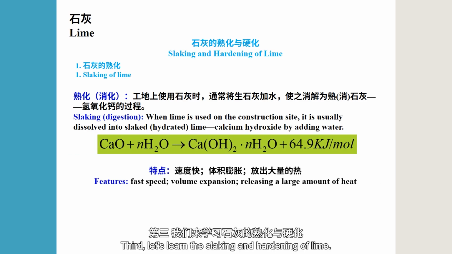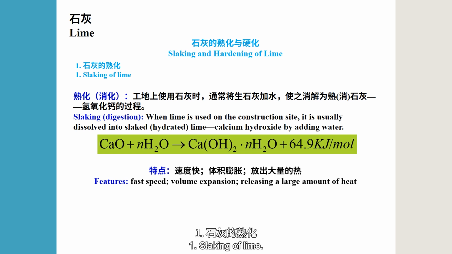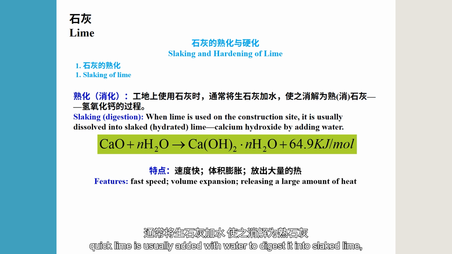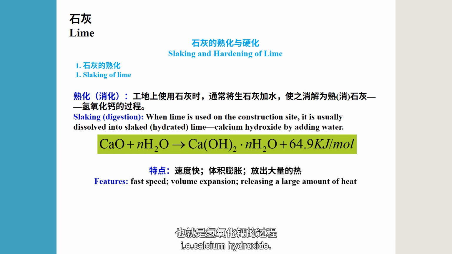Third, let's learn the slaking and hardening of lime. 1. Slaking of lime. Slaking of lime refers to the process that when lime is used on the construction site, quicklime is usually added with water to digest it into slaked lime, that is, calcium hydroxide.